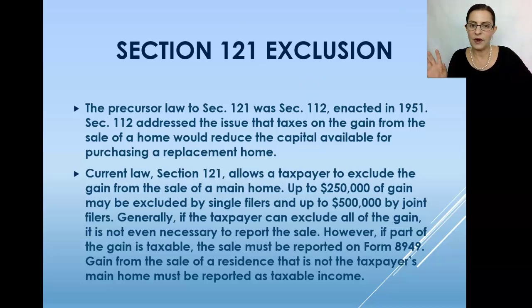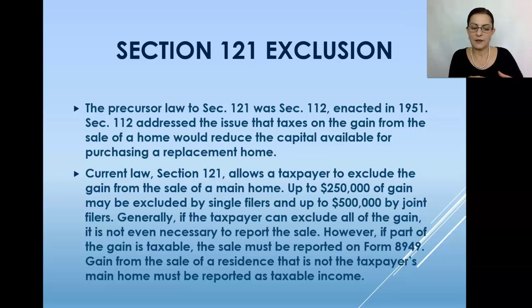Just so you know, this law has been around for a really long time, but it's been modified through the years. So the precursor law to Section 121 was Section 112, which was enacted in 1951. And I want you to know about it because sometimes you will still have older taxpayers that will come in and they will have a misunderstanding of this law, because the old law was in place until like the late 90s.